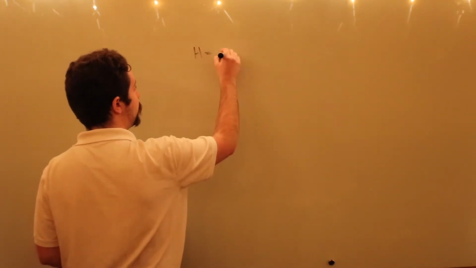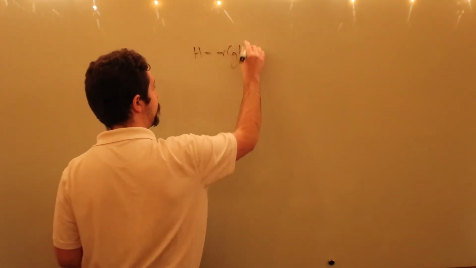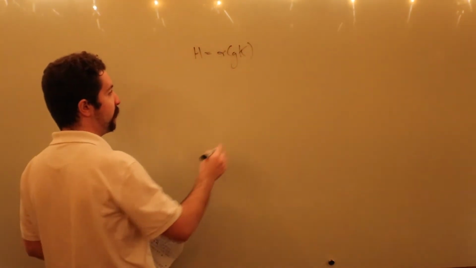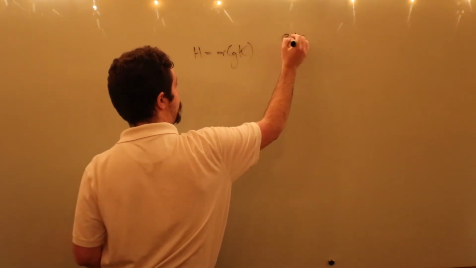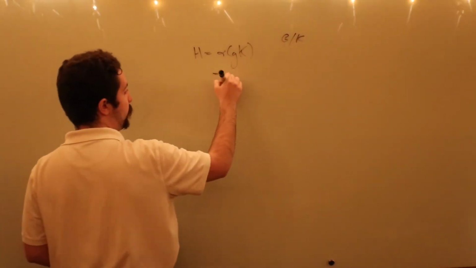So H is equal to alpha of gK, where this is just some arbitrary element of G quotient K, is equal to gH.